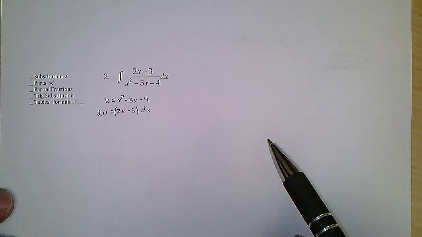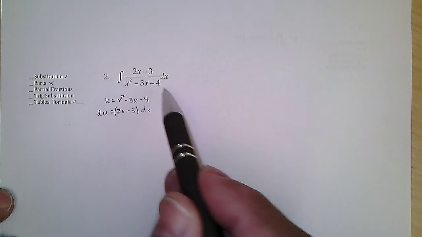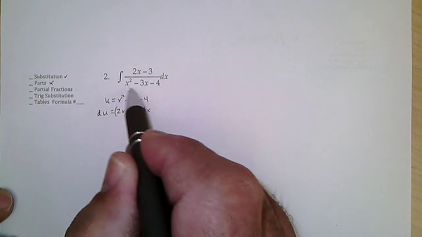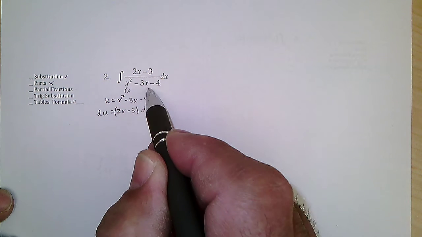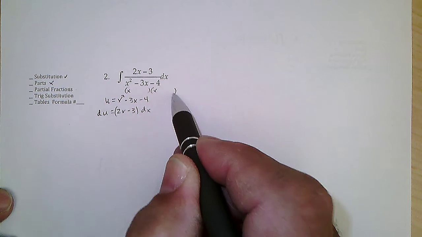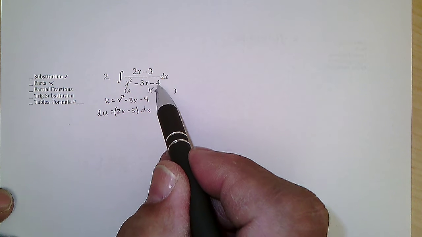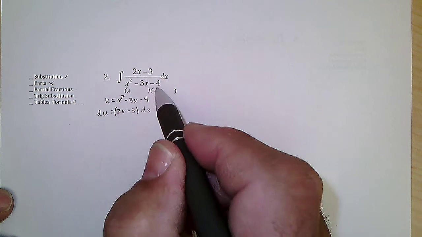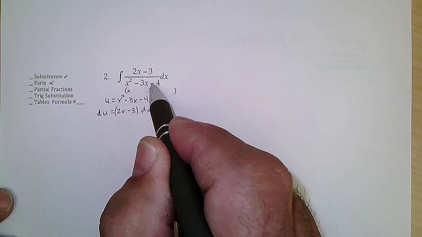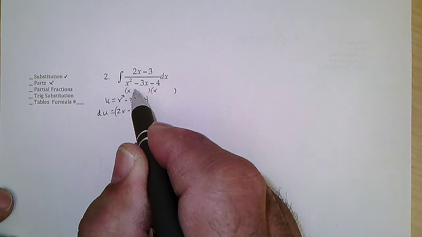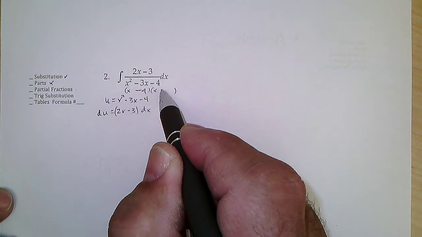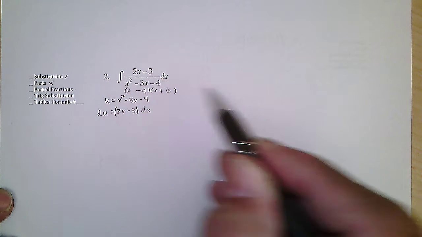Partial fractions. Does this denominator factor? Let's see. That would be x and x. And we'd have to get a minus 4. We could either do 2 and 2 or 1 and 4. And I think 1 and 4 will give us a 3 if they're subtracted, which that minus on the 4 says they are. So we'd probably go x minus 4 and x plus 3.